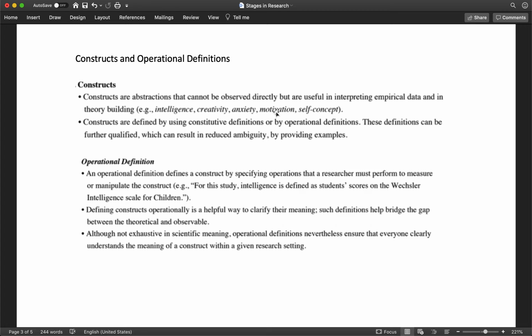So you might want to investigate and see what motivation, or self-esteem or self-concept, is with respect to performance of the student. I could even make that a little bit more complex.